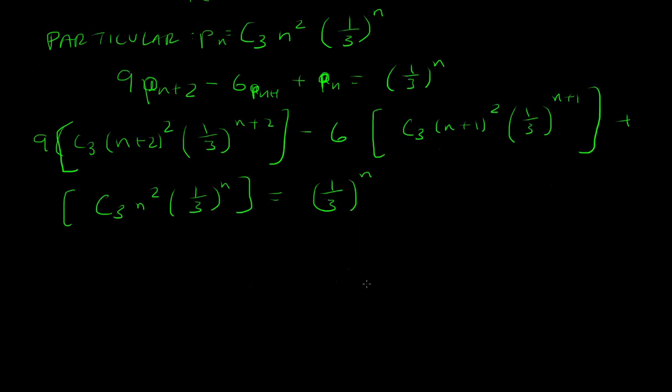Okay, so now we need to be careful how we do this. If we look at all of these, what do we have in common? Well, we have a C3 in common, and we have (1/3)^n in common. So let's factor that out.